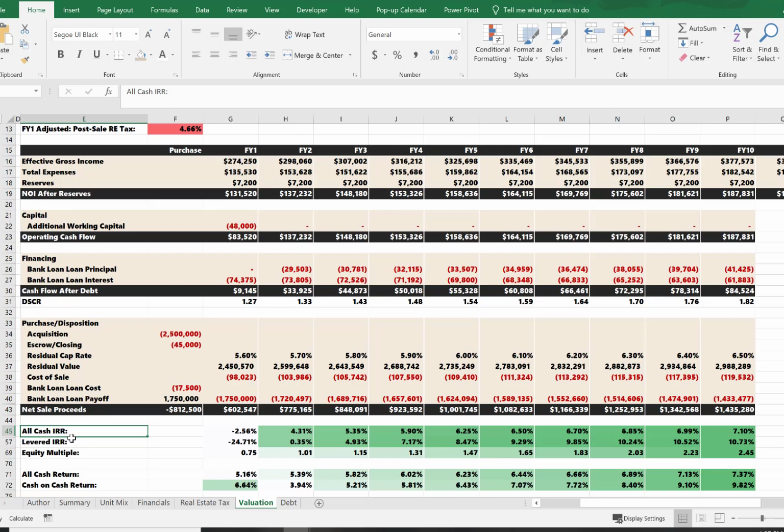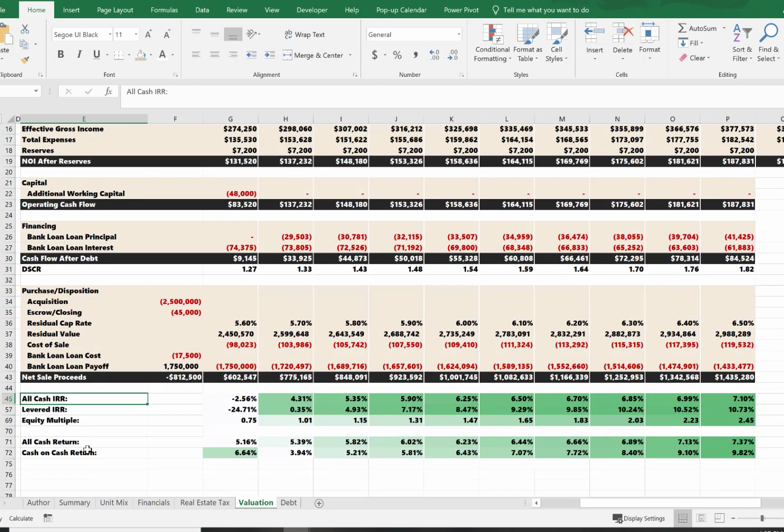So once you get down to the cash on cash returns, again, I do the same thing. I compare it to an all cash return, meaning there's no debt. If you just pay 100% in cash, you can see early on in the deal in years 2, 3, and 4, the cash on cash return, which is factoring in the leverage, is actually less than your all cash.